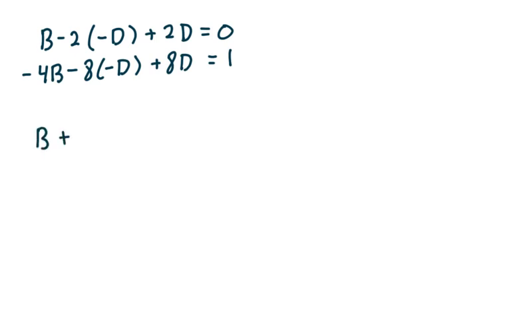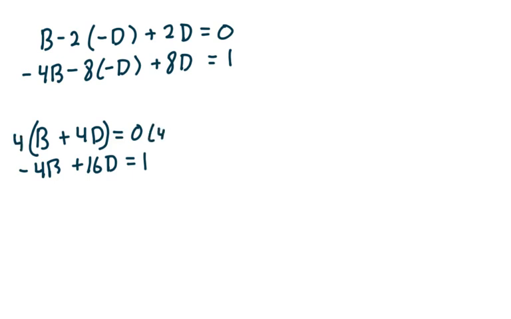Now, let's simplify this a little bit. So we get b plus 4d equals 0, and negative 4b plus 16d equals 1. So I'm going to multiply the first equation by 4 on both sides, and I'm going to add. When I do, I get 32d equals 1. So d equals 1 over 32.